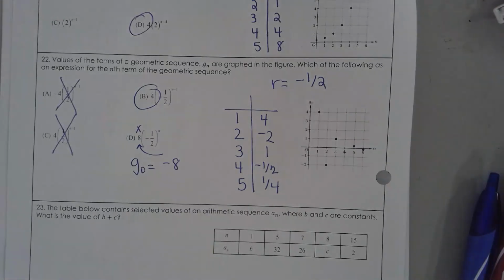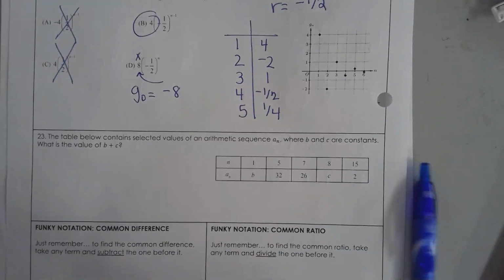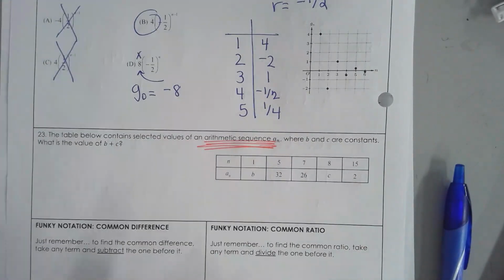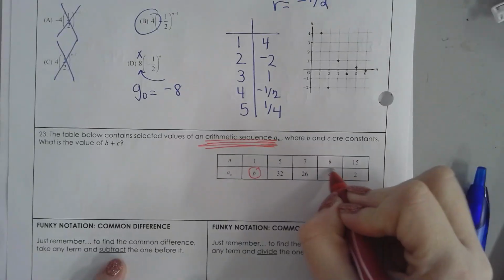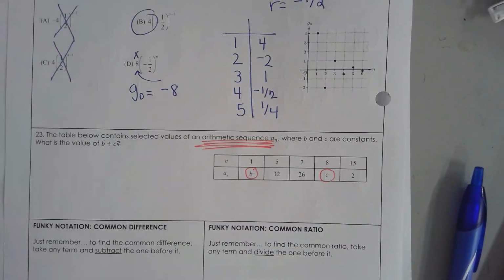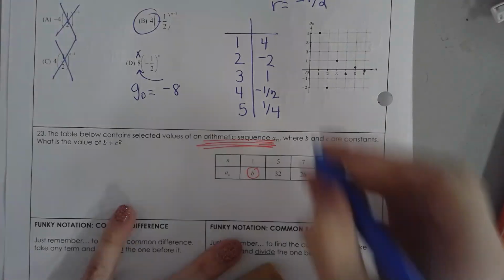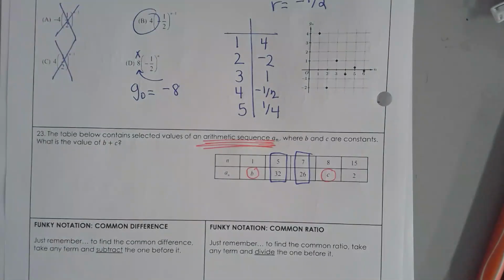Okay. 23 tells us we have an arithmetic sequence. That's really important. B and C are constants. So your table does not go up by the same amount every time, but we do have at least 2 points, so we can find the common difference.